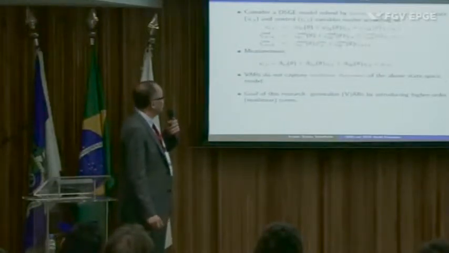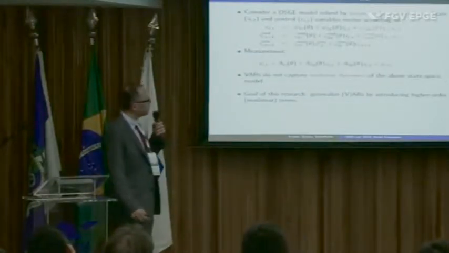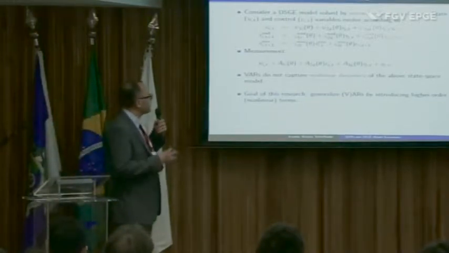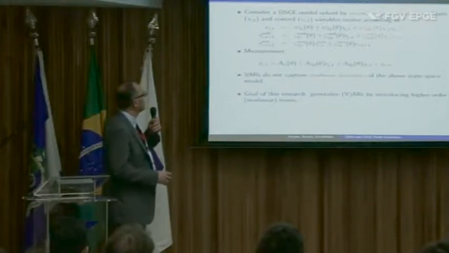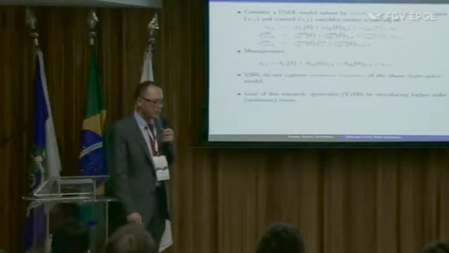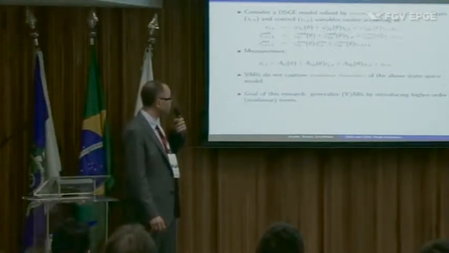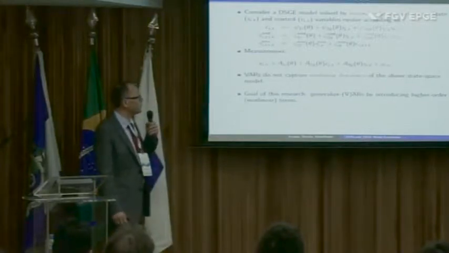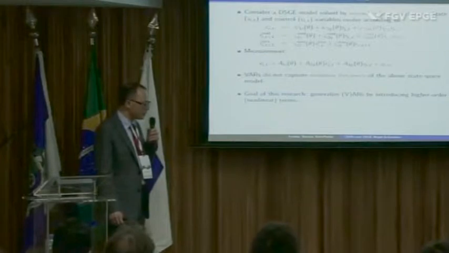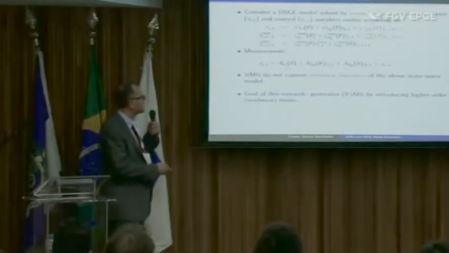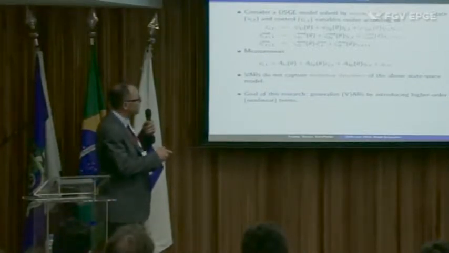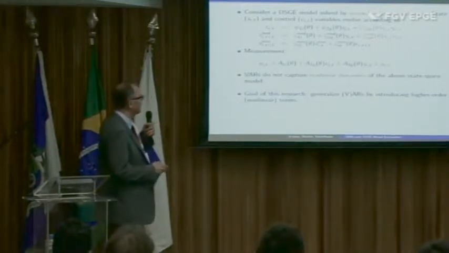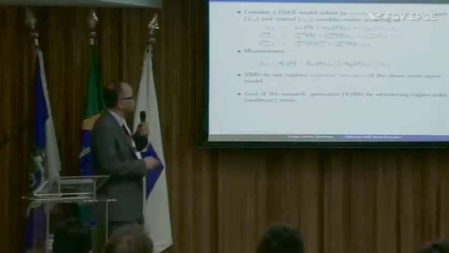Okay. All right. So let me just give you some idea of what nonlinearities we often generate when we use perturbation methods to solve DSGE models. What you see here is supposed to be a generic solution to a dynamic stochastic general equilibrium model.